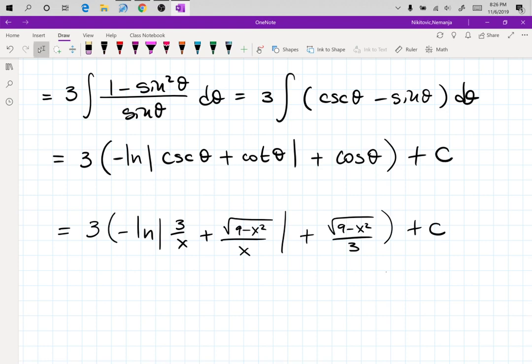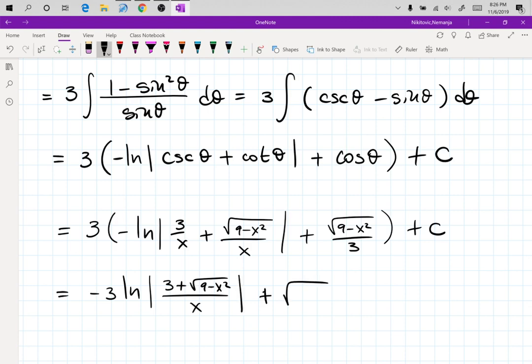Now you multiply the 3 in, becomes negative 3 ln of 3 plus square root of 9 minus x squared over x plus square root of 9 minus x squared plus c. Because the 3 will cancel the denominator. This 3 has to multiply into ln and into this term.